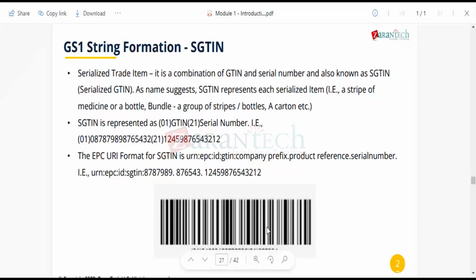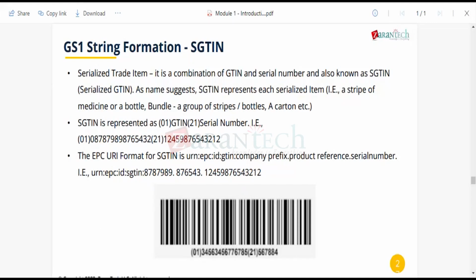In your barcode, when you scan it, you will know the GTIN and you will know the serial number. This combination is known as a serialized trade item. A serialized trade item is nothing but a combination of GTIN and serial number.